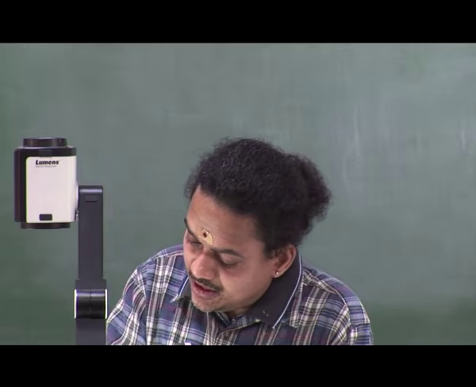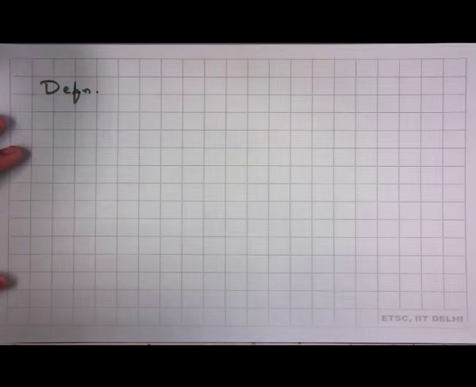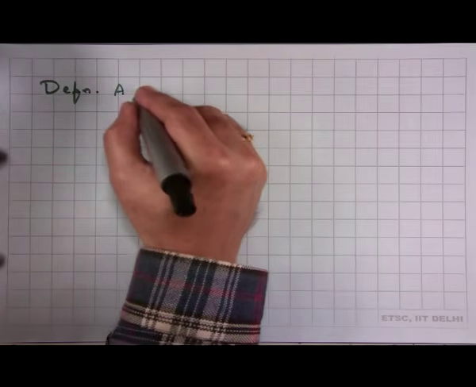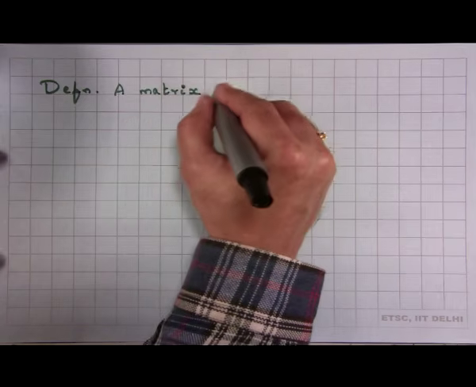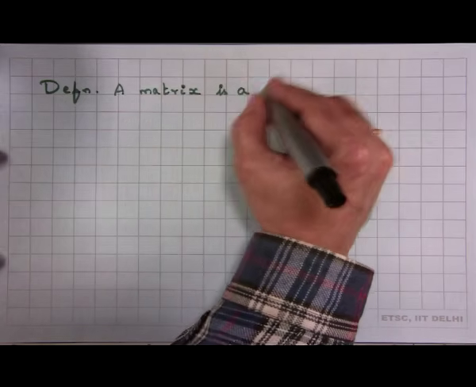Let us put it formally in the form of a definition. A matrix is a rectangular array.